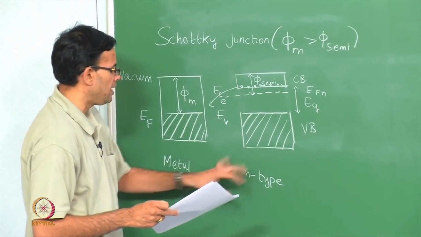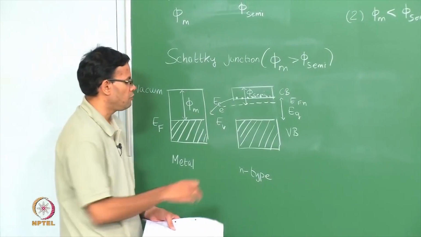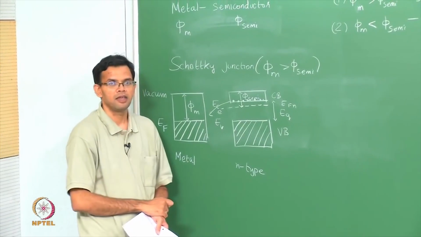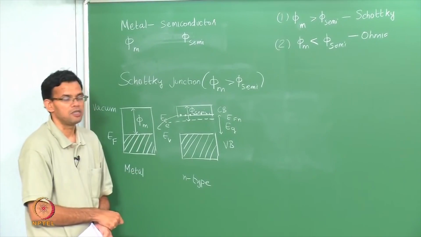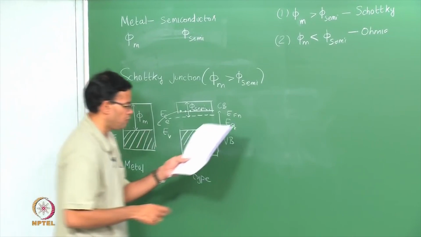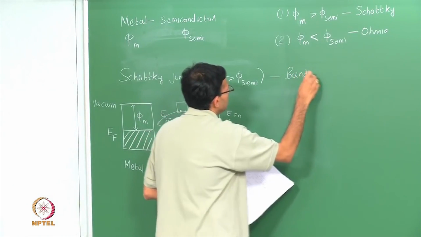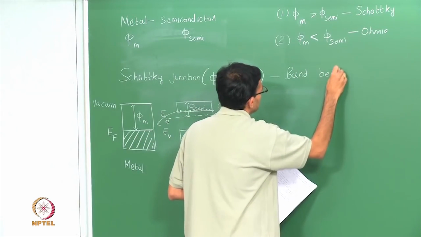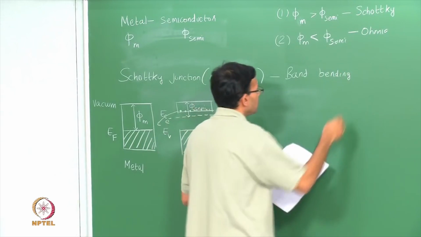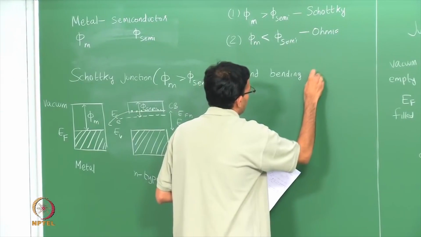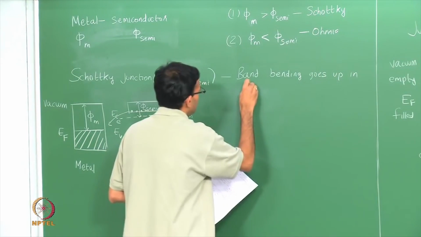When we draw the band diagram between a metal and the semiconductor, we have to show the bands bending in the semiconductor to explain this contact potential. The rule to be followed is that band bending goes up in the direction of the electric field.